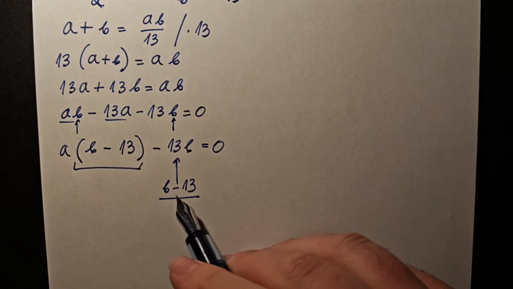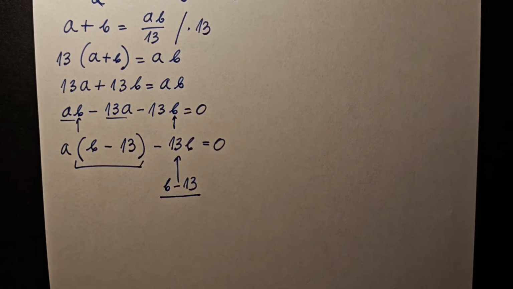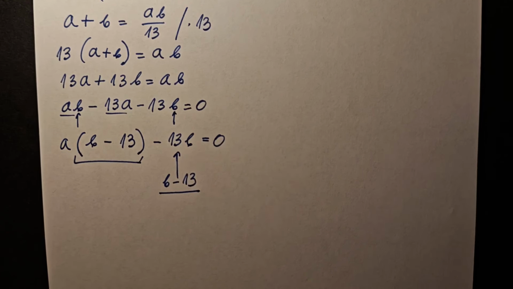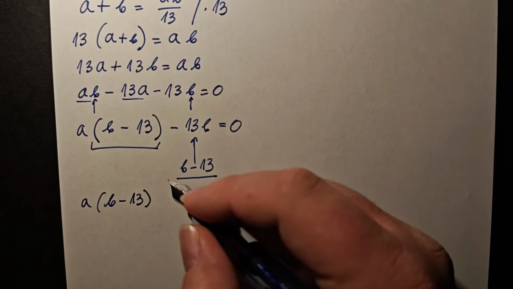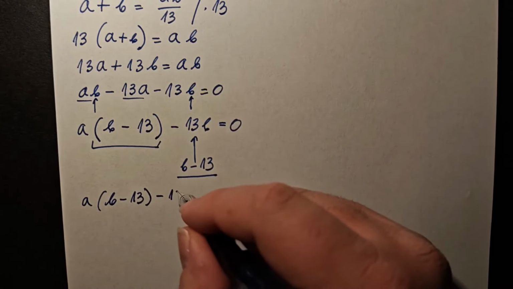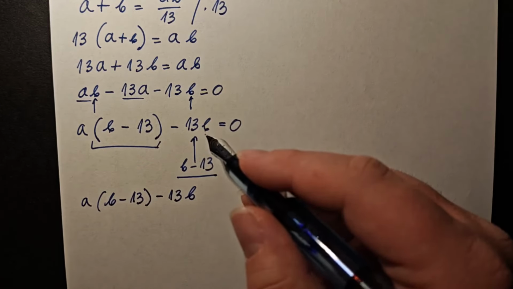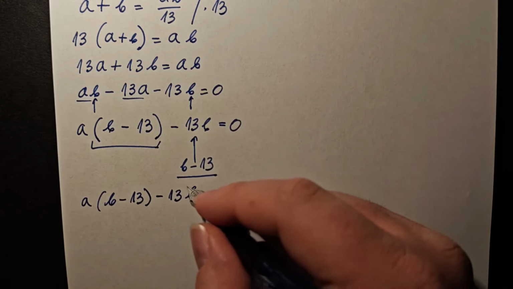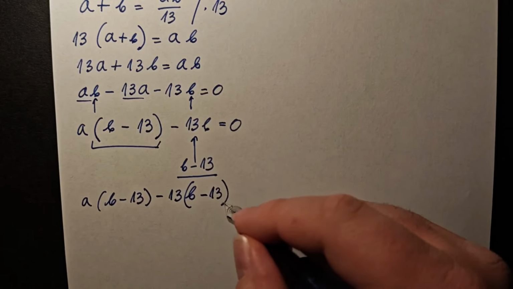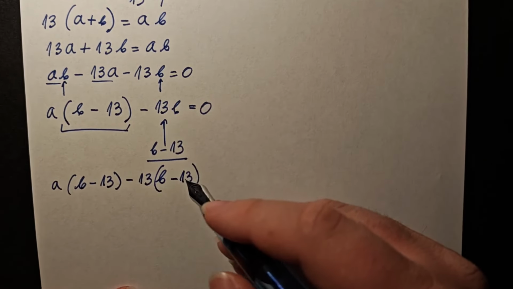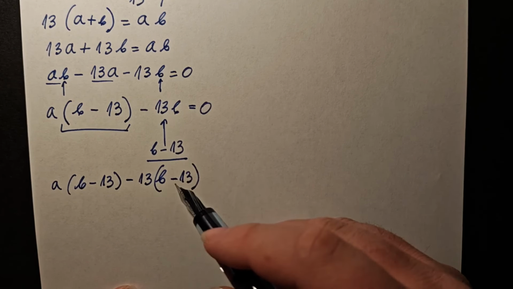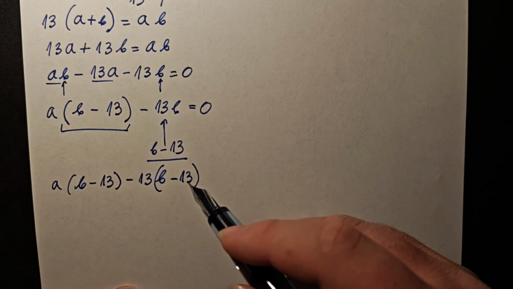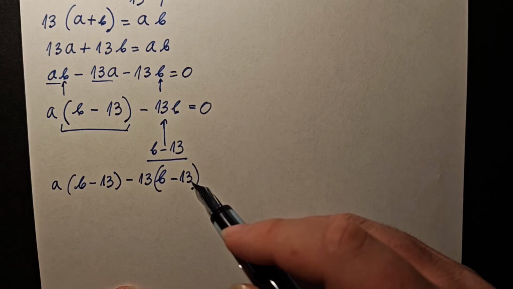So let's make this b minus 13 in the second term, to make that term inside of the bracket. So we have a multiplied by b minus 13, and this minus 13b, we are going to play with it. So we are going to put b minus 13 because that is what we need. And thus we get minus 13 times b minus 13 minus 13, that is plus 169.